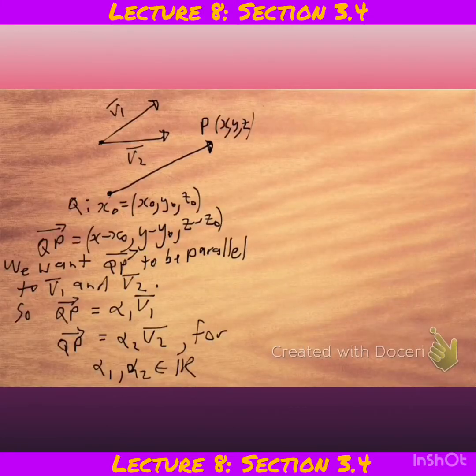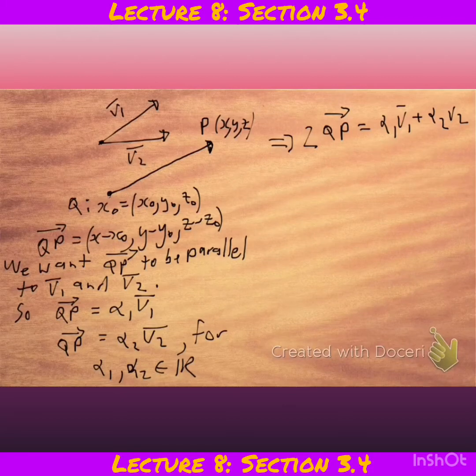Okay, so now what do we have from there? If you take that vector equation and add the two vectors on the left-hand side, you get twice the vector QP, and that is going to be alpha 1 v1 plus alpha 2 v2.